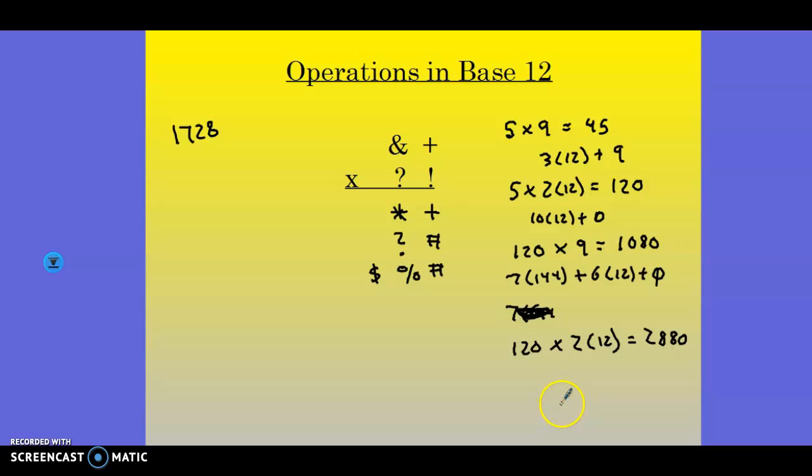So 2880 divided by 1728 is 1. So it takes 1 of the 1728s. Subtract that out. Minus 1728. You're left with 1152 divided by 144.